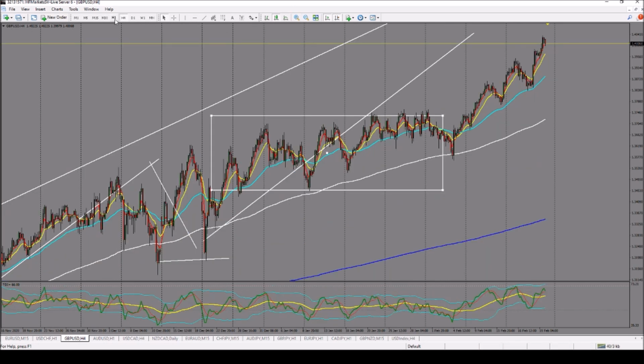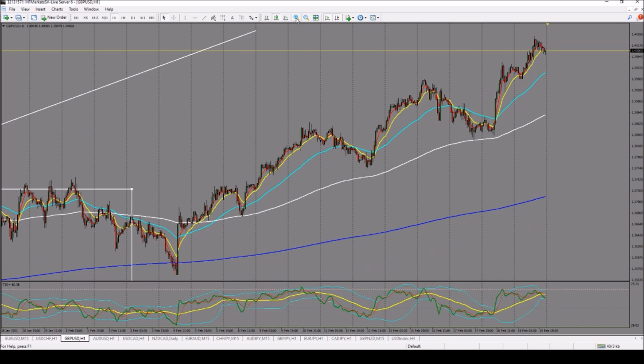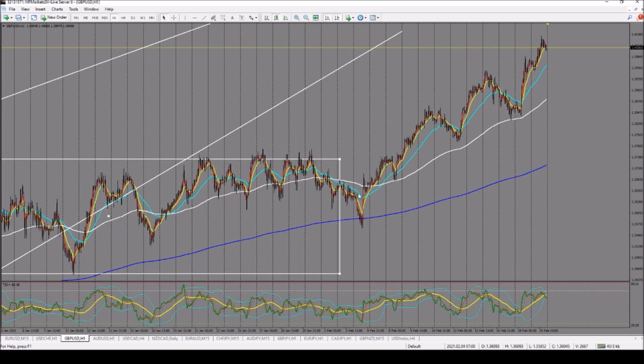So going on the H1 time frame, one can see that the market issued the first, the second, and then the third.